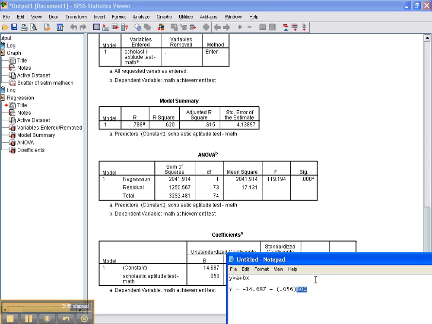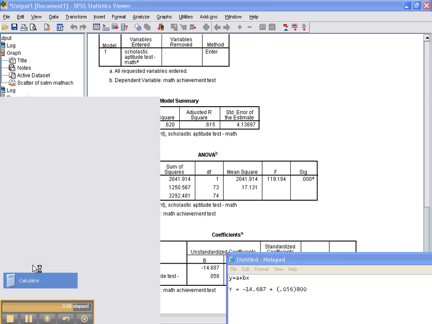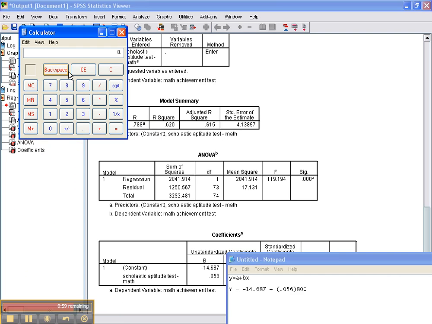This could be 700, it could be 450, it could be whatever, but for the sake of this example, we're going to make this 800. So now we're going to calculate it. 0.056 times 800, and then we add the negative value, 14.687.